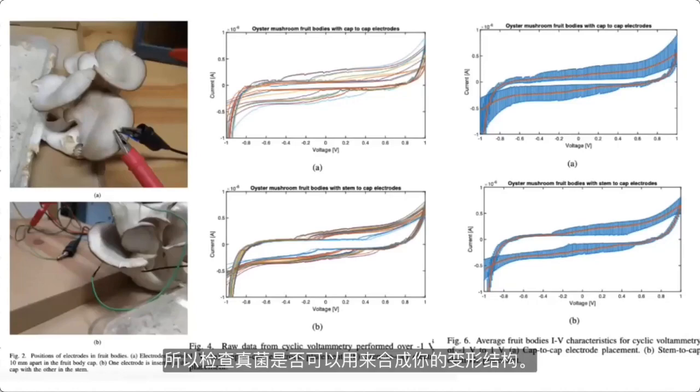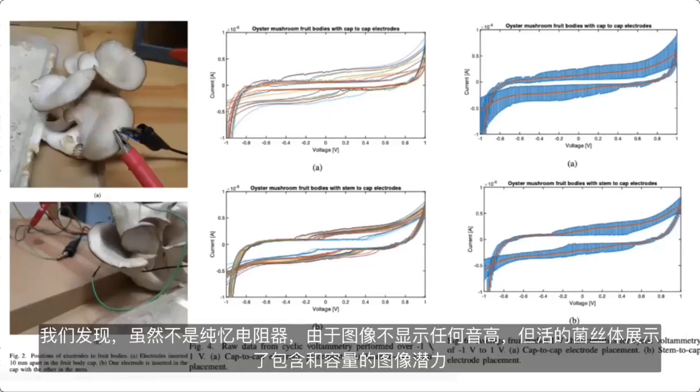So to check if fungi can be used as synapses in neuromorphic structures, we checked their memristive properties and found that, while not being pure memristors, because the spots don't show any pinch, living fungi show some memfractance. So a mixture of memristance and capacitance.